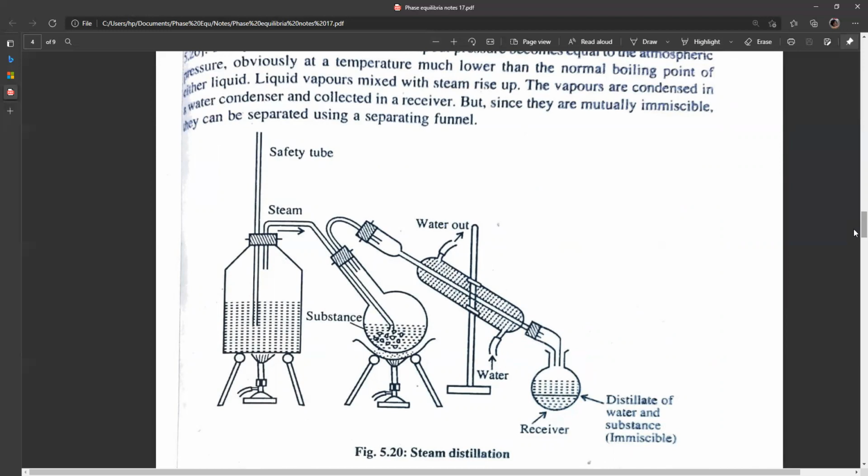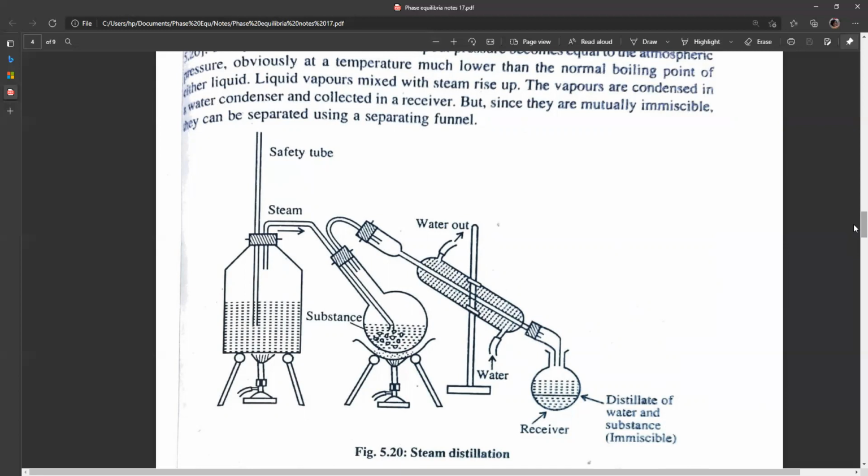This steam is passed through the liquid which is to be purified, a mixture containing the liquid which is to be purified. It is also heated from the bottom, and the steam is bubbled through this liquid.